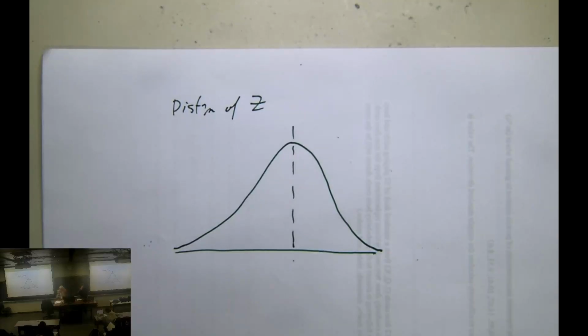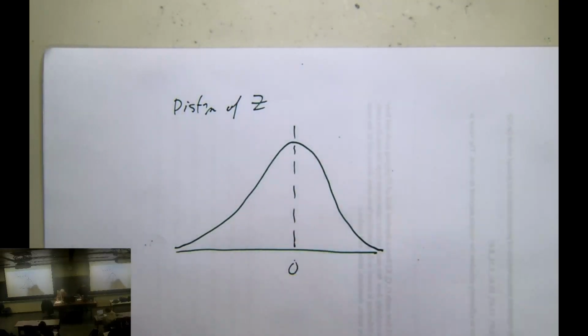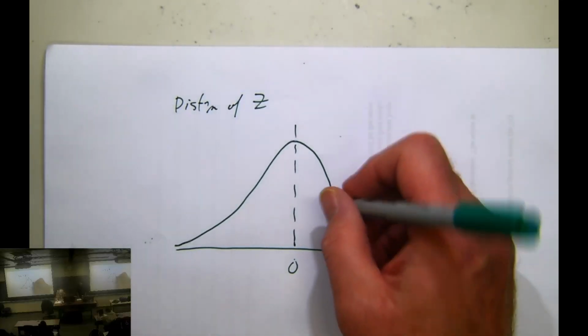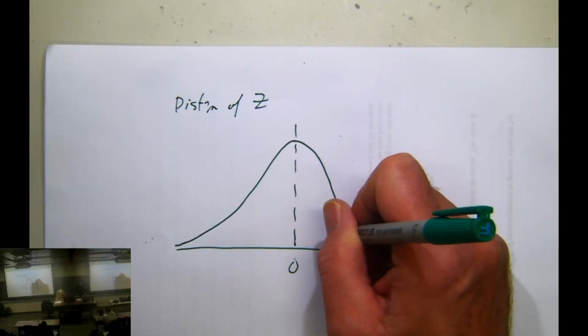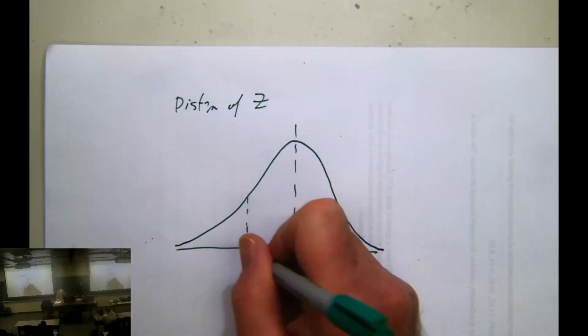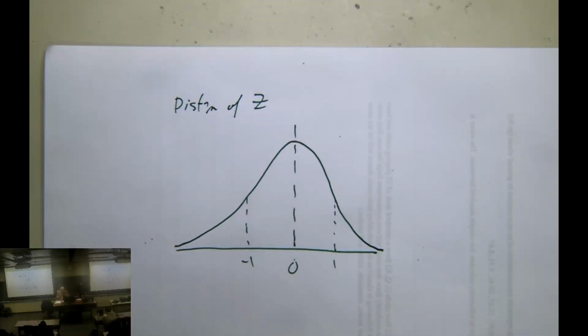This is the standard normal, so the mean is 0. And remember, the points of inflection were at plus and minus 1 standard deviation, and the standard deviation is 1. So I could put those at negative 1 and 1. The first one I got asked is, what's the probability z is less than 1.25?